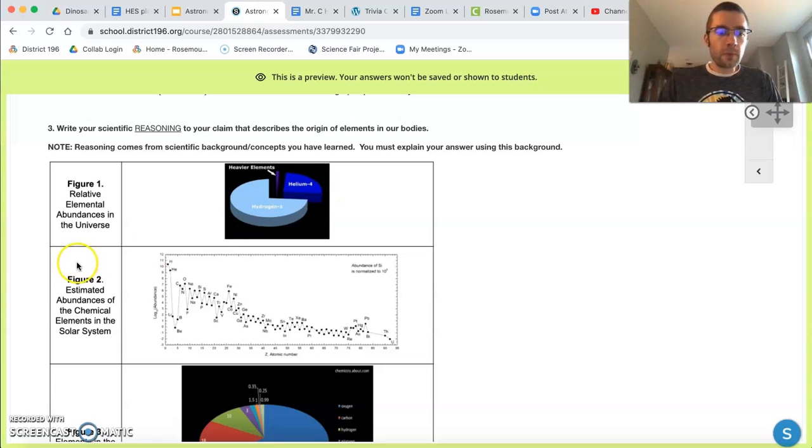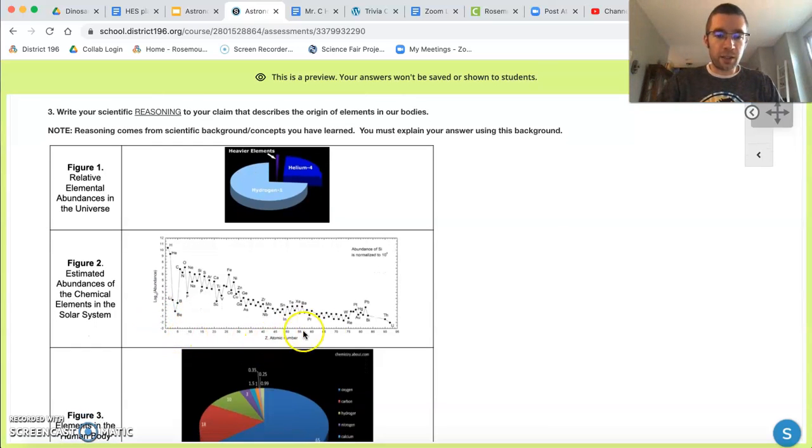Figure number 2, it says the estimated abundance of the chemical elements in our solar system. So we go from a big, huge scale down to a smaller scale in our solar system. You have the atomic number. These are the element symbols, right? So you have hydrogen, helium, oxygen, carbon, nitrogen. And then it's in a log of 10 abundance, and here's your scale.